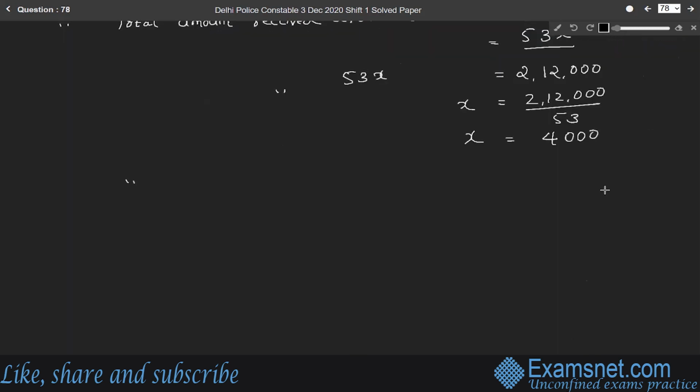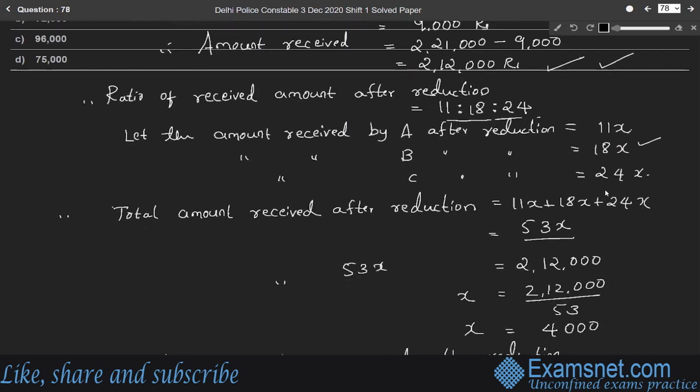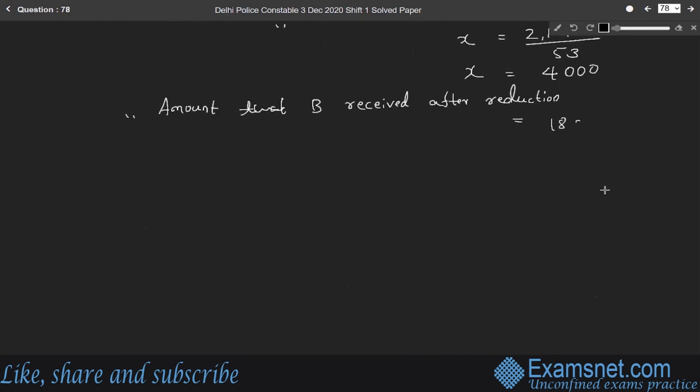Therefore, the amount that B received after reduction is equal to, the ratio is 18. So it is 18x, 18 into x, which is 18 into 4,000, 72,000. But in the question, what is the total amount received by B before reduction?